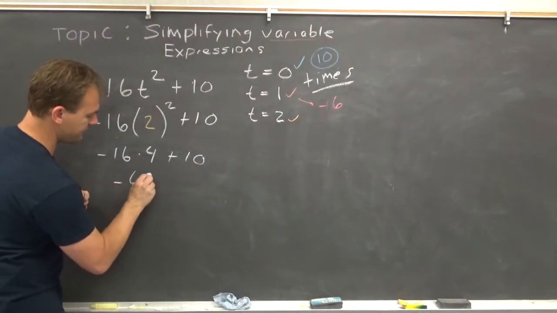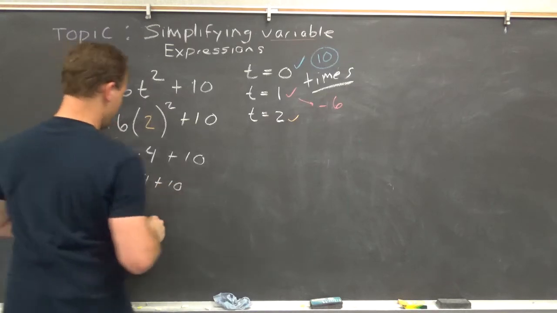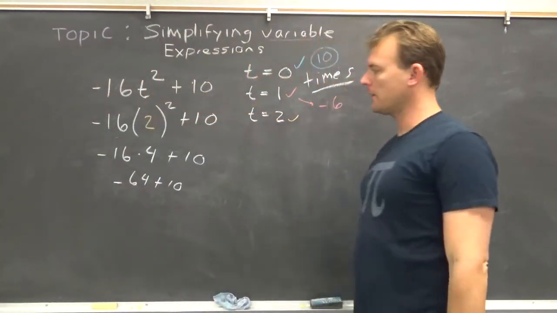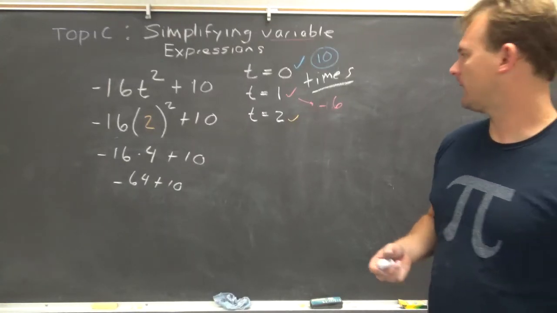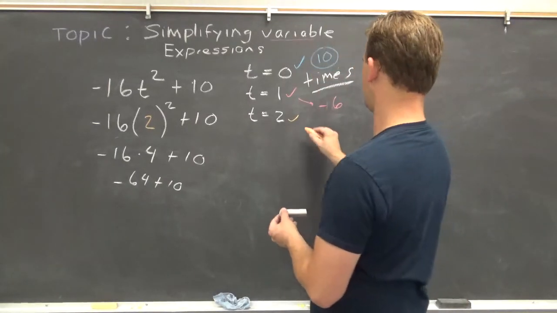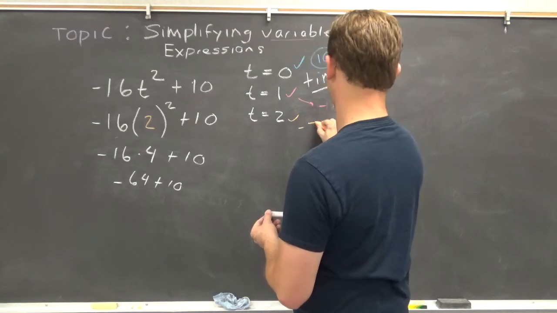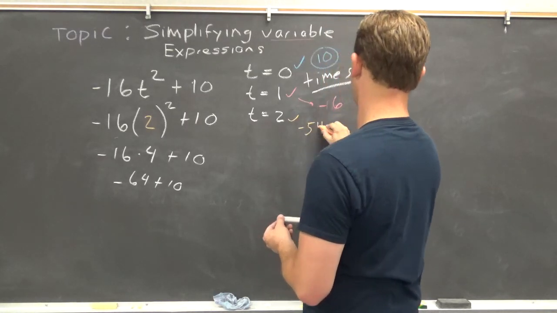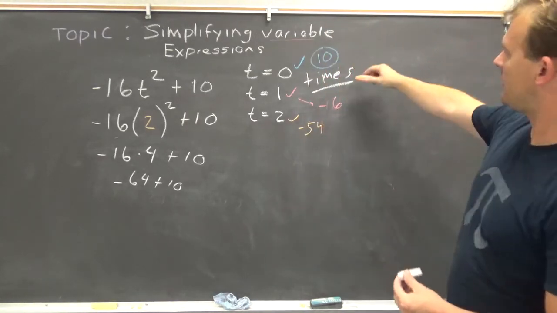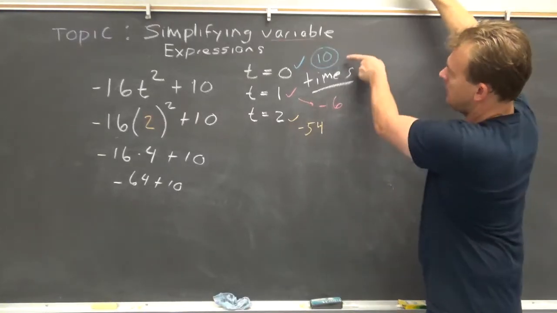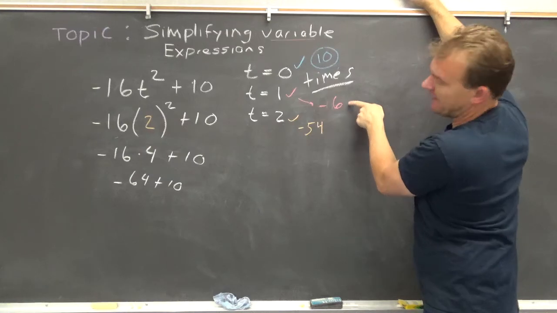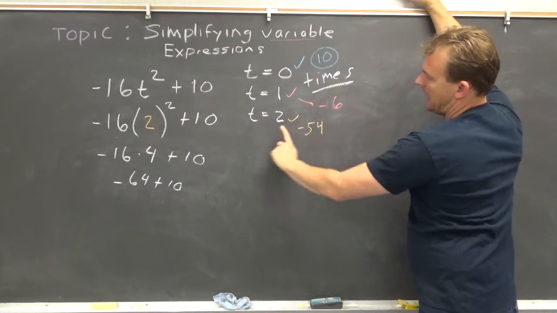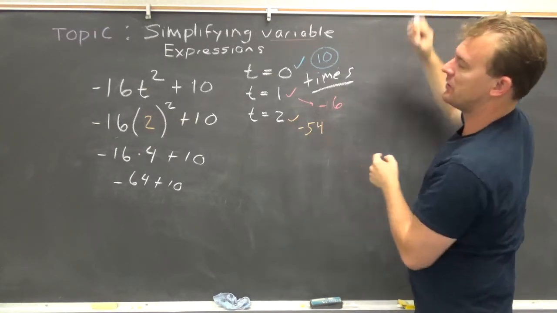So negative 64. Now what is negative 64 plus 10? That's going to be negative 54. So here are your values. At 0, it's 10. At 1 second, it's negative 6. At 2 seconds, it's negative 54.